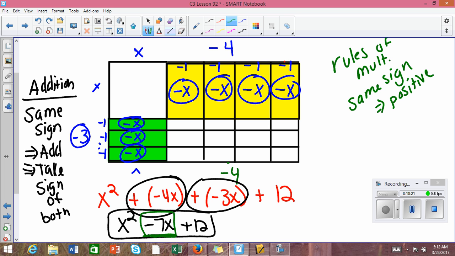And that's where that -7x comes from. The area of these ones right here, -1 and a -1. This is a -1 and a -1. So what do those end up being? Positive by your rules of multiplication. So these are all going to be +1 units. So you can see that this area model is going to break your units up into your 12. That's where your 12 comes from at the end.